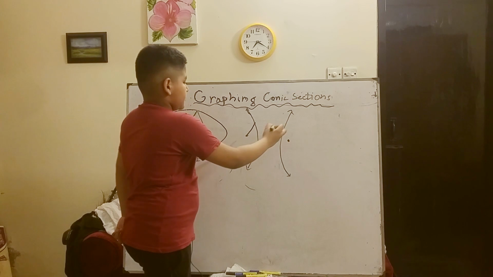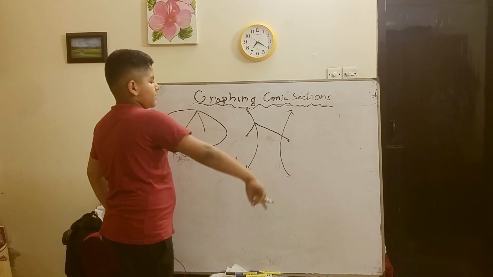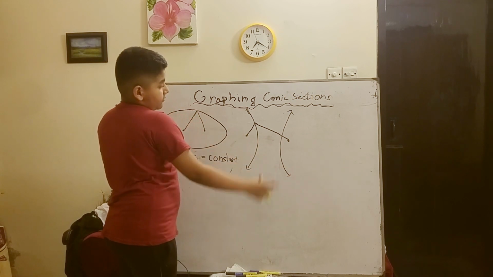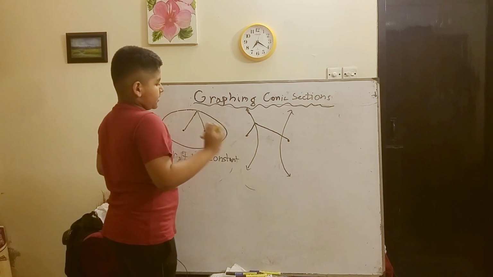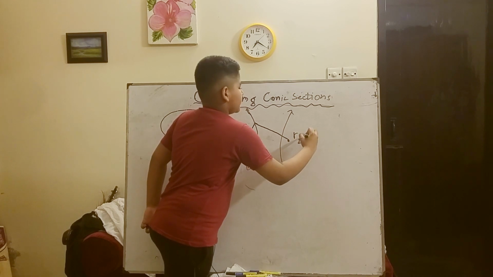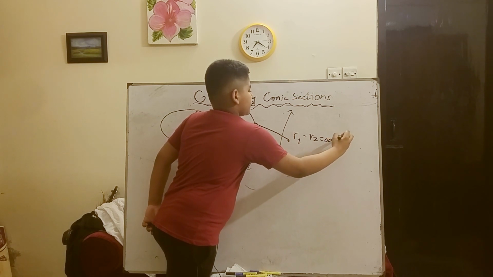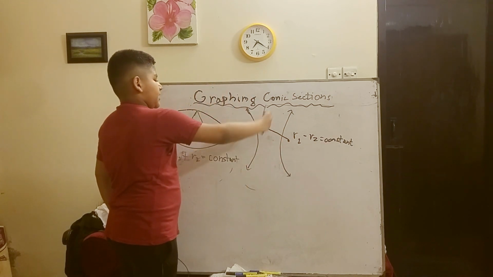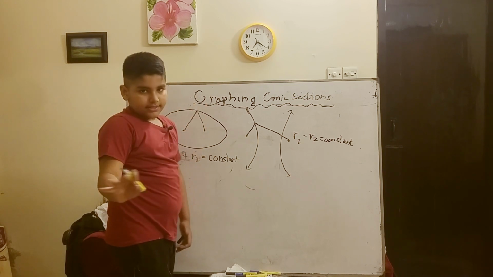Let's say one distance from one focus to a point on the double parabolic thing, and the other focus, both of their differences are taken into account, which means we can say R1 minus R2 is constant, because we're talking about difference here. Oh, and by the way, it can be on either side. So the difference will remain constant.